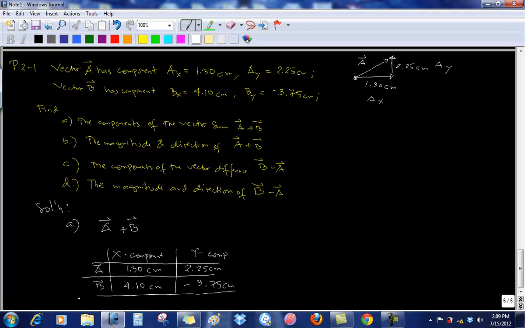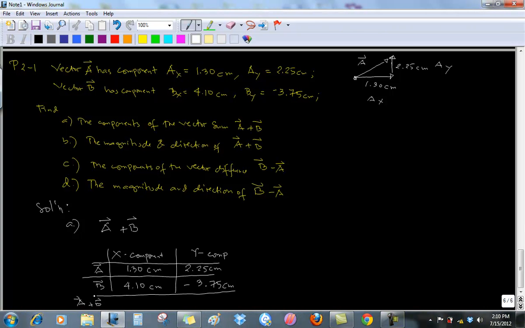When we mean A plus B, the vector is the sum of the two vectors, so we simply sum their x and y components. For x, 1.30 plus 4.10, the answer is 5.40 cm.